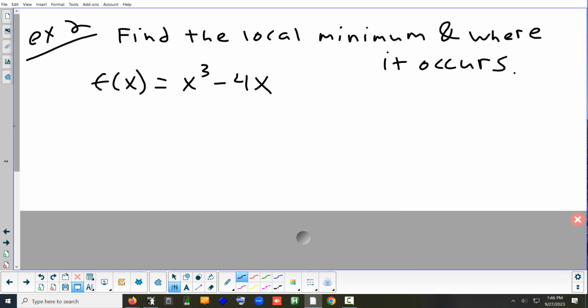The minimum itself is the y value. The minimum or the maximum is how high or low it occurs. Where it occurs, that's the x value. So the minimum is what the value is, high or low, that's the y. Where it occurs is the x value. That's important.